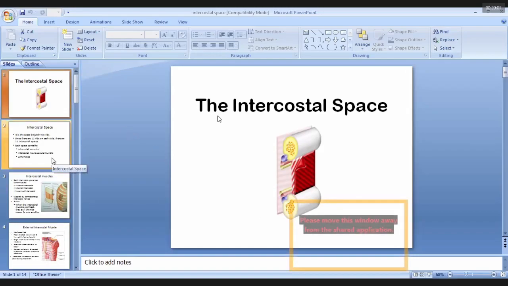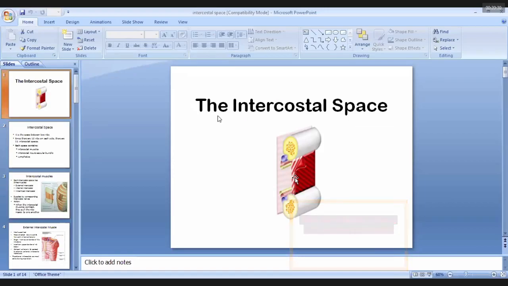A rapid revision of intercostal space. First of all, the definition: you can easily see in this figure, the space that lies between two ribs is known as the intercostal space. The contents of the intercostal space: it contains muscles, neurovascular bundle and lymphatics. Muscles we further divide into three types.